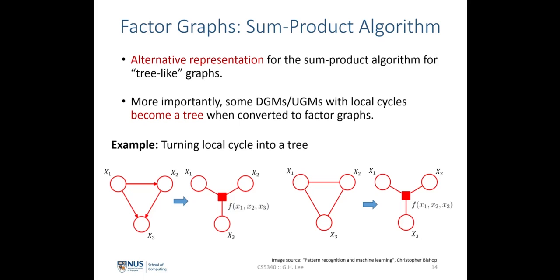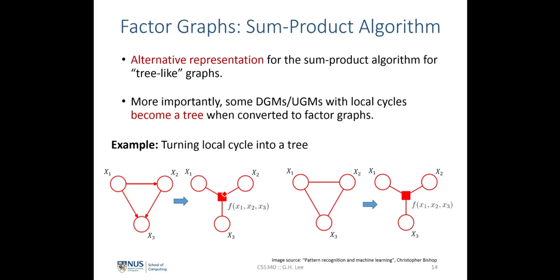So here is an example where we turn local cycles into a tree. For example, in this case, a three-node directed graphical model consisting of x1, x2, and x3, when converted into a factor graph, can be collectively represented by a factor over x1, x2, and x3.